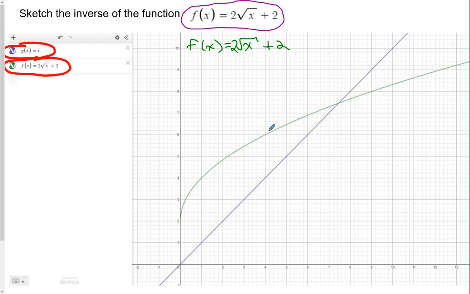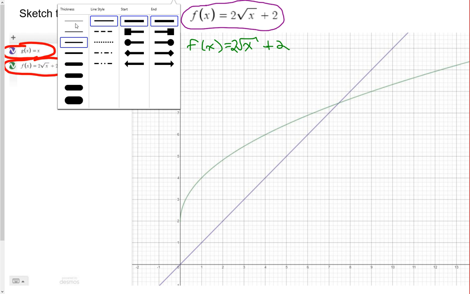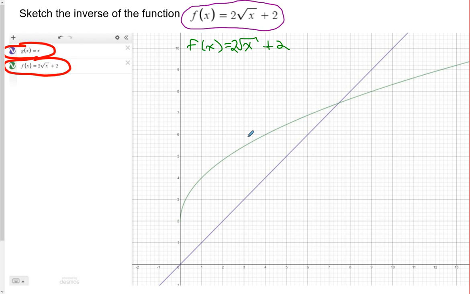Okay, so now I need to do the inverse. So what I'm going to do is try and look for important points on here. I notice this one starts at 2, which is a full diagonal square away from my mirror line. That means I've got a starting point for my inverse function over here that's going to mirror that. That's where I'm going to start. I also notice that I have a dot right here that is 1.5 diagonal squares away from my mirror line.